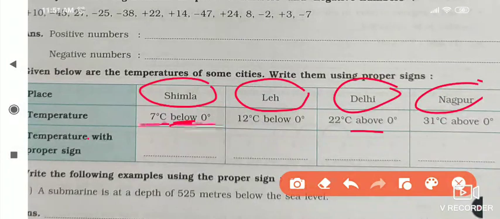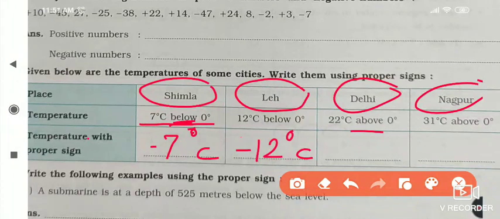Shimla's temperature is 7 degrees Celsius below 0 degrees. Since below came here, we have to write -7 degrees Celsius. Leh's temperature is 12 degrees Celsius below 0 degrees, so here it will be -12 degrees Celsius.